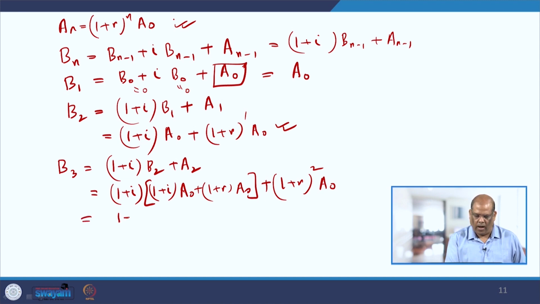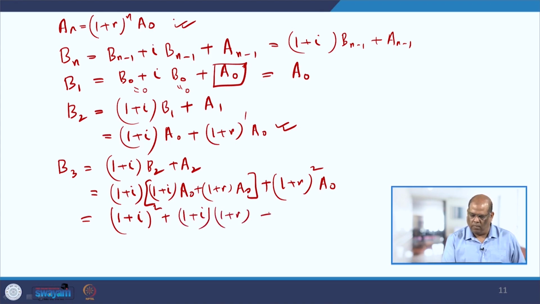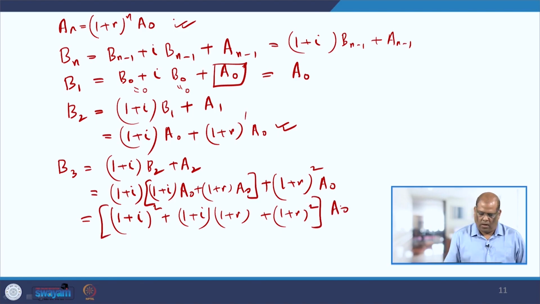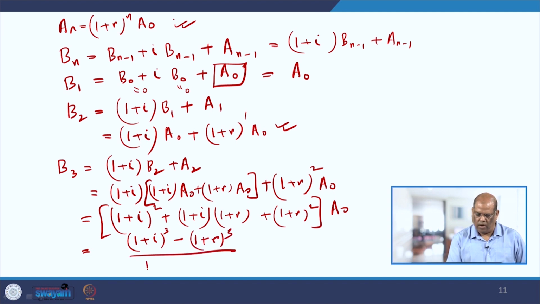So if I multiply, I can write this as [(1 + i)² + (1 + i)(1 + r) + (1 + r)²] into A0. And this can be written as ((1 + i)³ − (1 + r)³) divided by ((1 + i) − (1 + r)).